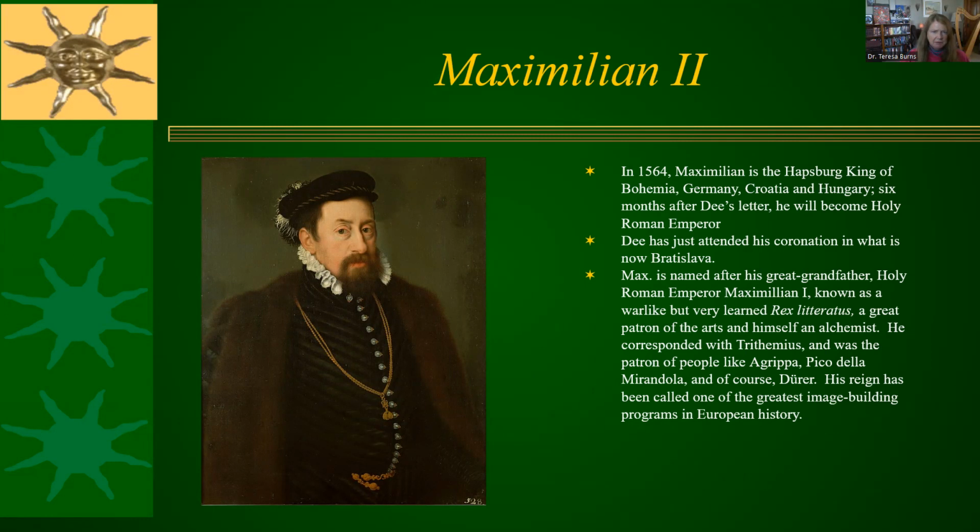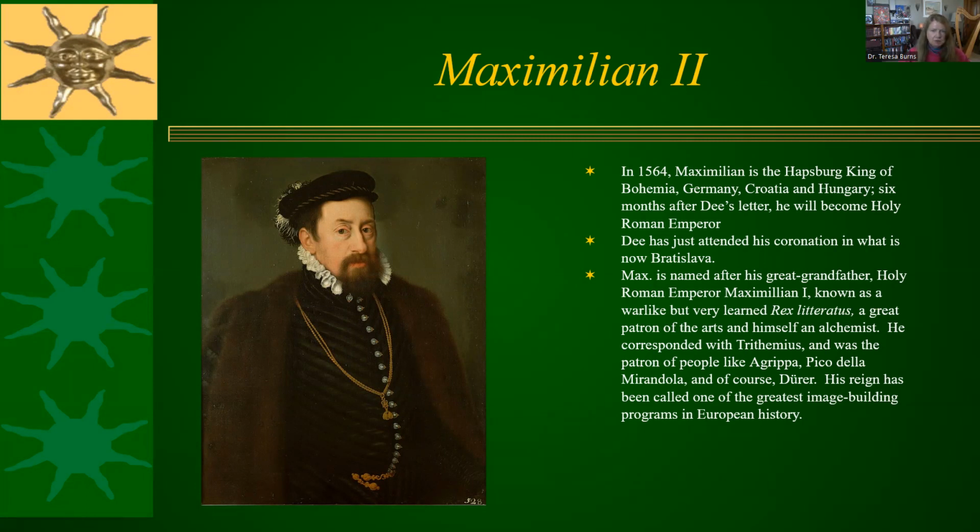Maximilian is named after his great-grandfather, also a Holy Roman Emperor, Maximilian I, who was, on the one hand, a very warlike king, but also a very learned king of letters, a great patron of the art. He was himself an alchemist, knew all the great alchemists around at that time. It's easy to get contacts with people when you're the Holy Roman Emperor.